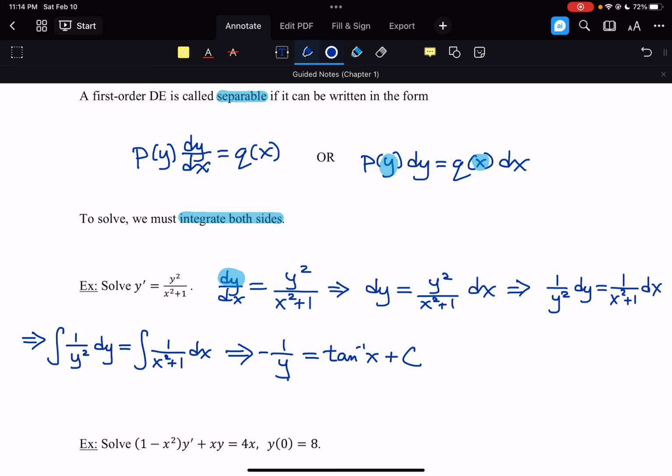From here, if we want the solution, we need y. Right now we have negative 1 over y. You can picture this algebraically however you want: multiply the y over here, divide all of this under here, or just consider taking the reciprocal of both sides and multiplying by negative 1. However you want to think about it algebraically, we get y equals 1 over inverse tangent of x plus c.